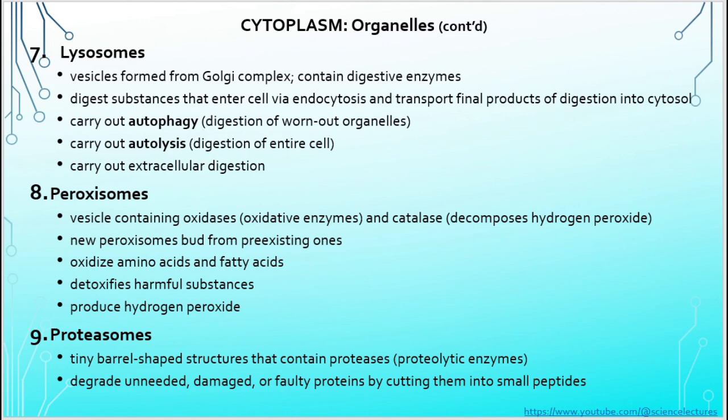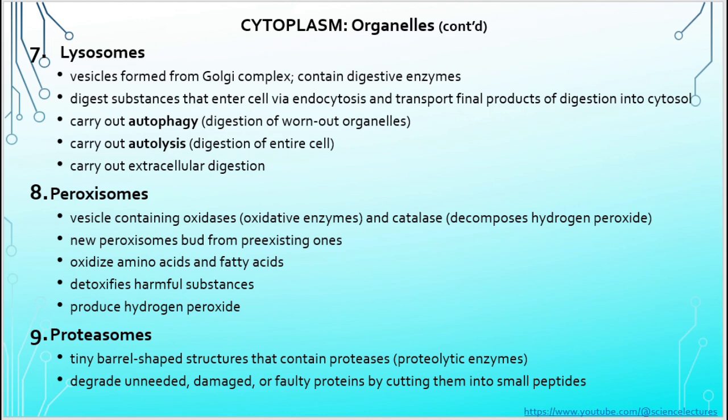Lysosomal enzymes may also destroy the entire cell that contains them, a process known as autolysis. Autolysis occurs in some pathological conditions and is also responsible for the tissue deterioration that occurs immediately after death. As we just discussed, most lysosomal enzymes act within a cell.